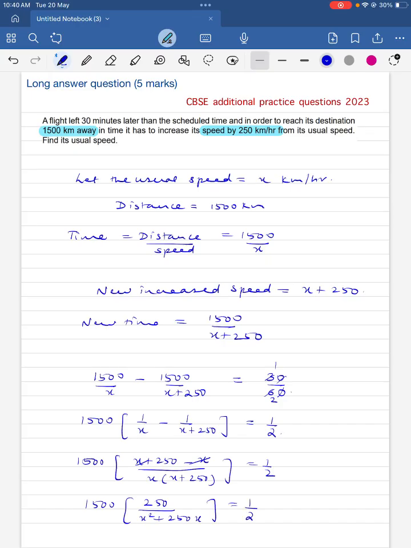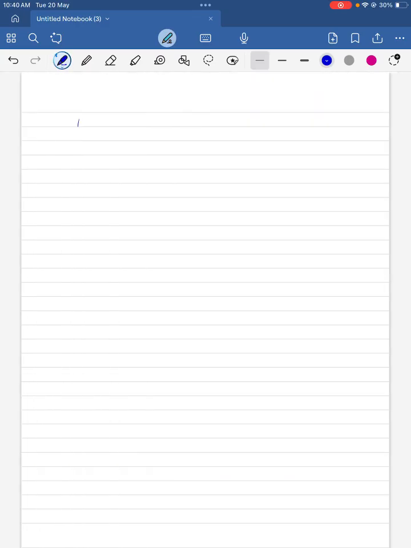Now let me cross multiply. So I would get 1500 into 250 times 2 is equal to x squared plus 250x. And this gives me 750,000 is equal to x squared plus 250x.